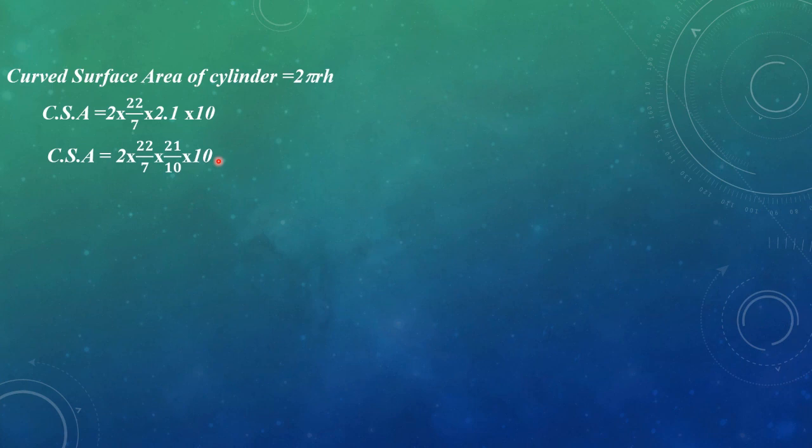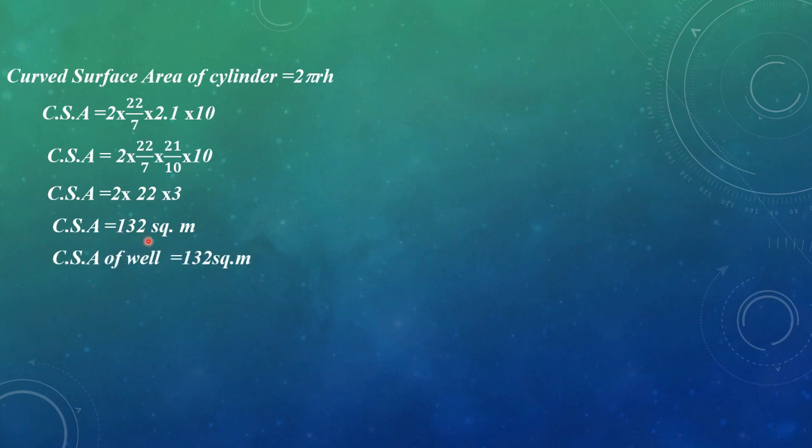So 10 and 10 will be cancelled. 7 and 21 will be cancelled. We get curved surface area is equal to 2 multiplied by 22 multiplied by 3, and that is equal to 132 square meter.